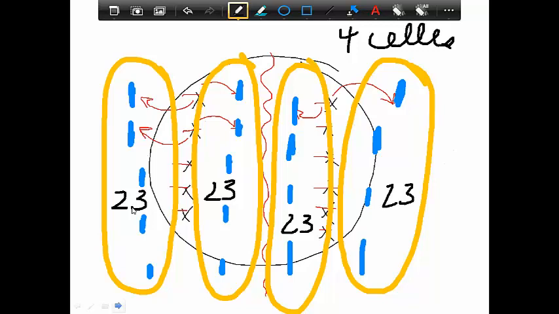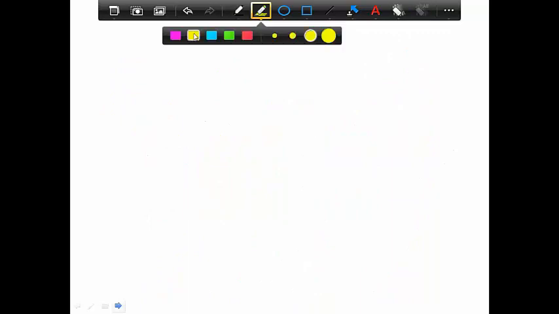Now the last thing is to look at what we ended up with in each of those 4 cells. These 4 cells represent, remember, the sperm that's being produced if you had a blue sheet, or the eggs that are being produced if you had a pink sheet. So we're curious as to what types of traits were passed on to those different cells, or gametes.